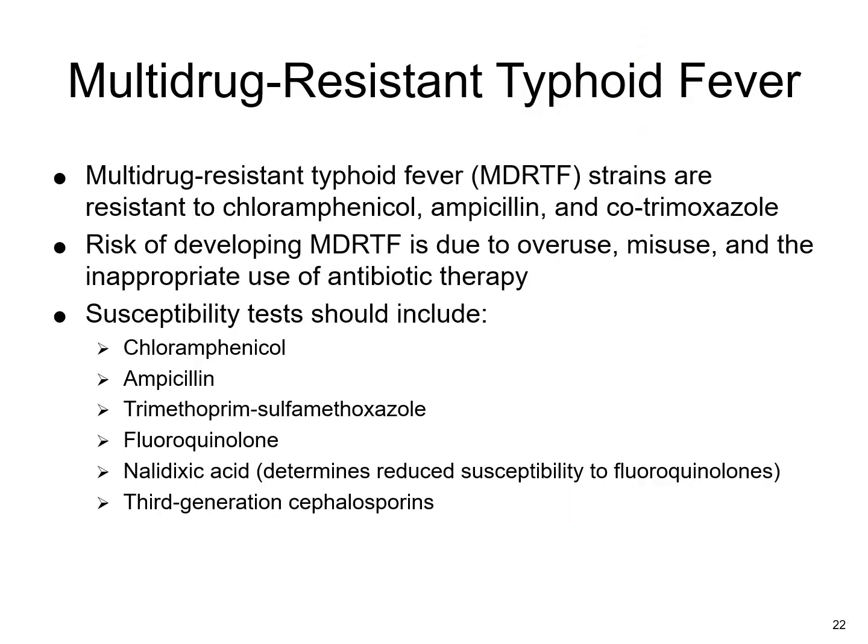With this organism, it has developed a multi-drug resistance, and so you can get multi-drug resistant typhoid fever. Once these organisms have become resistant to these different antibiotics, it makes it a little bit harder to treat.